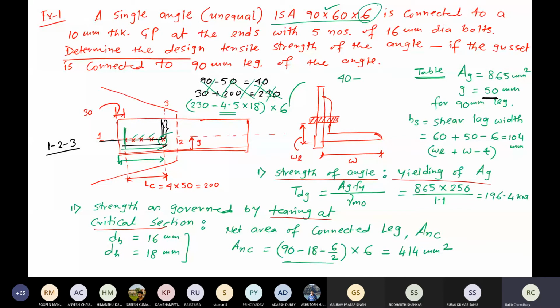Tear means this tension is developing in this particular direction. Again from the centroid, we take the bolt hole diameter, multiplied with the bolt hole diameter, that would be considered as the net.